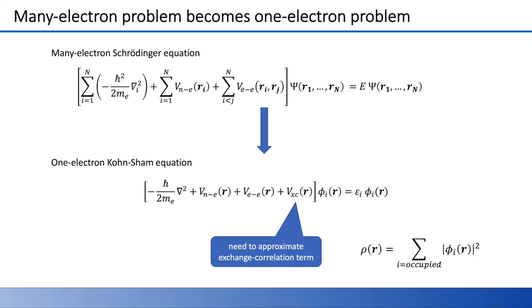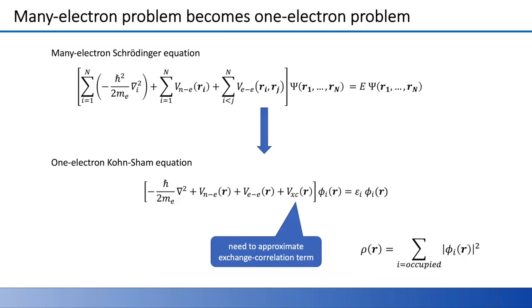In the Kohn-Sham equation, the first term is the electron's kinetic energy. The second term is the interaction between the electron and the nuclei, and the third term is describing the interaction among electrons in the sense of mean field approximation. Here we have one more term, the so-called exchange correlation potential, which incorporates the remaining electron-electron interactions.